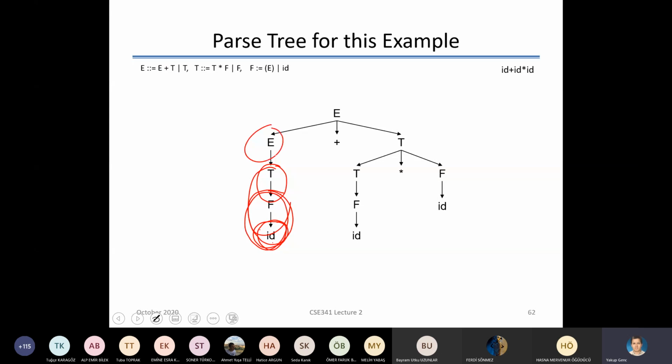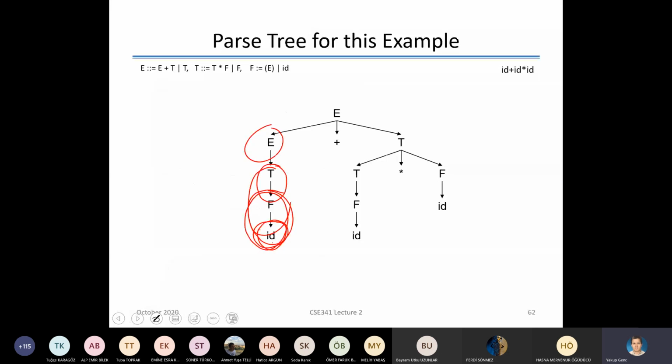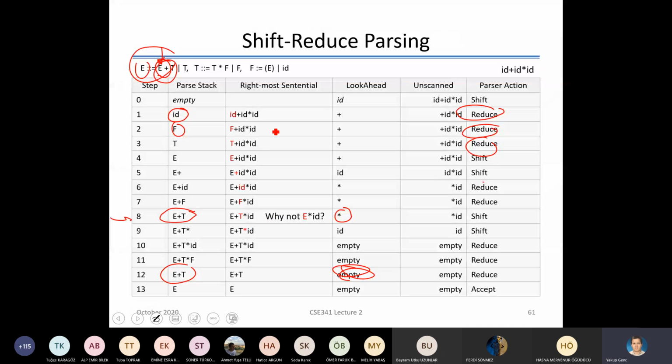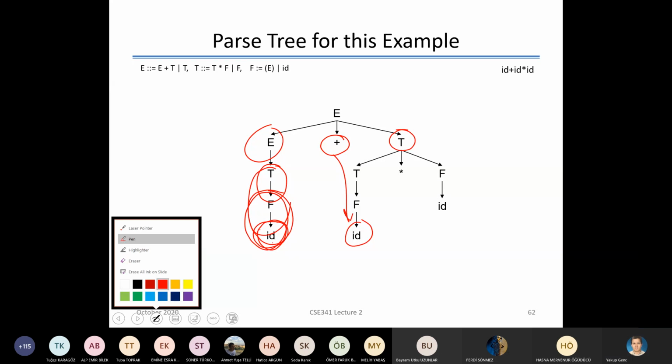Perfect. Now let's look at this one. I have this reduce here, and this reduce says E plus ID. Okay. Now it's gonna be E plus ID here. It's supposed to be this one, but this is not ID. This is the ID, E plus this. And then I'm gonna add, let's erase this one.